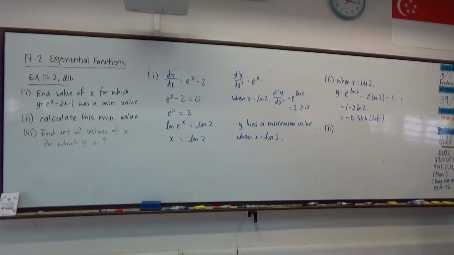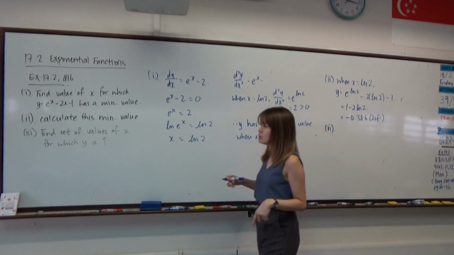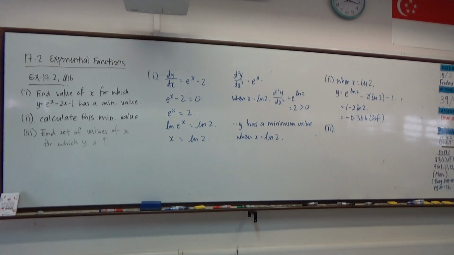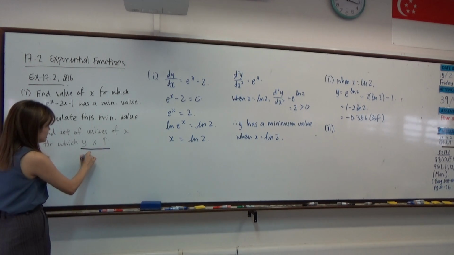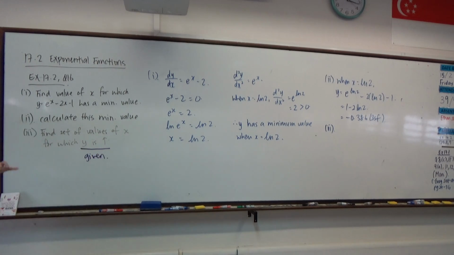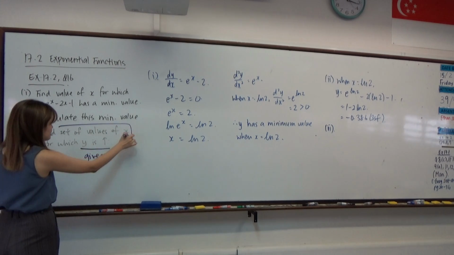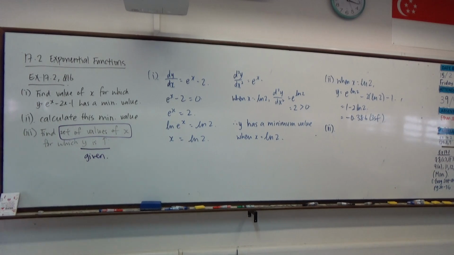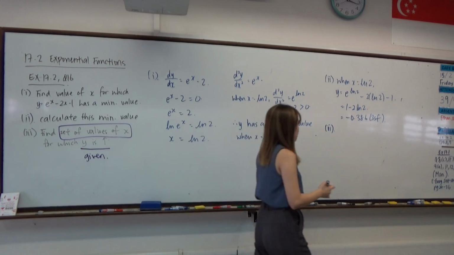For part 3, finding the set of values of x for which y is increasing, can you tell me what the given information is? That y is increasing, right? So this is the given information, and what you want to find is the set of values of x. When you do any proof kind of questions, it is good practice to identify what the given information is and what you want to find before you jump into the question itself.